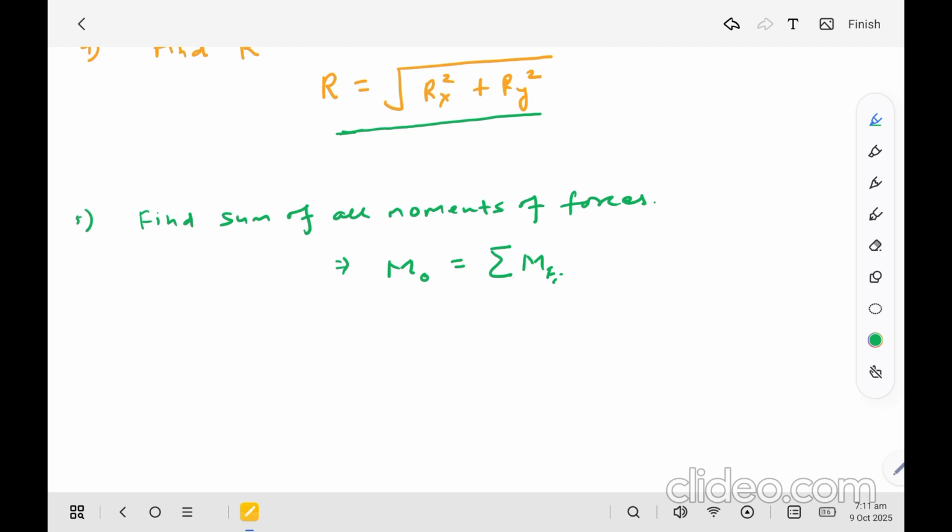Then we have to find the moments of individual forces, and then we do the algebraic sum of all these moments.